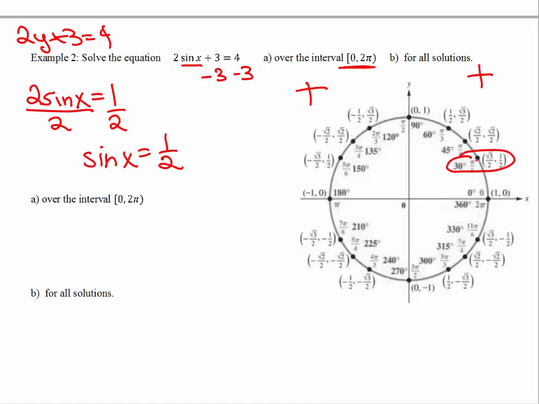So 30 degrees into quadrant 1, and then 30 degrees into quadrant 2. Or pi over 6, our pi over 6 family, so pi over 6 into quadrant 1, and a reference angle of pi over 6 into quadrant 2. So the angles that we find in quadrant 1 would be pi over 6, and in quadrant 2, 5 pi over 6.